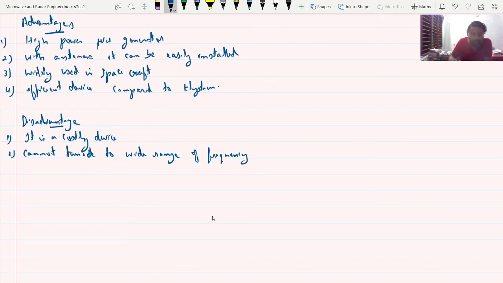Then the third one is that resonance is based on dimension and it is fixed. Always it is a fixed one. Keep that in mind.